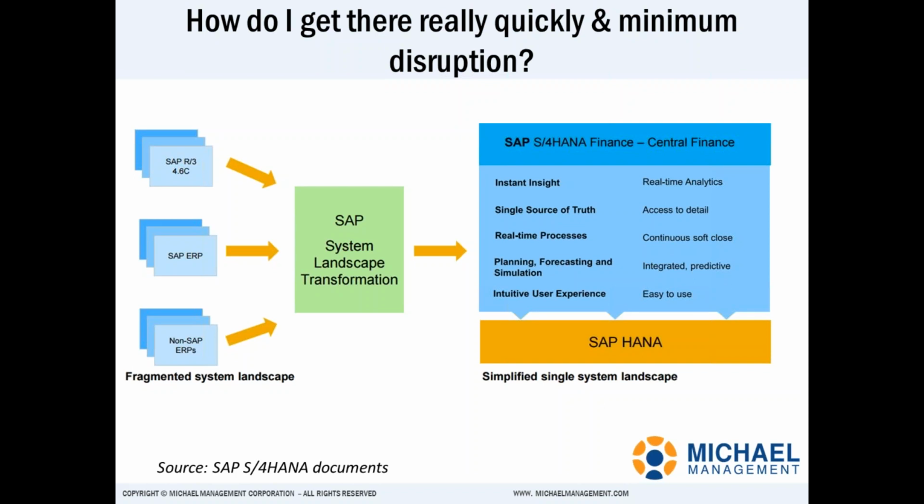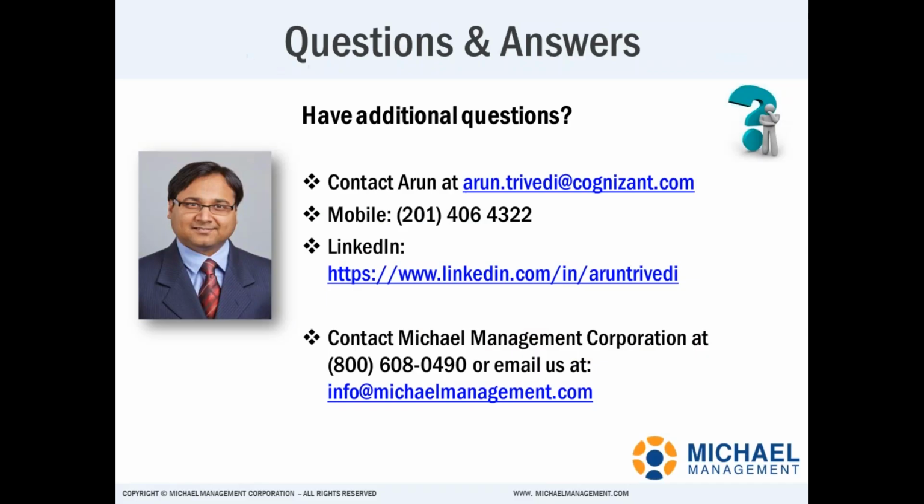And this is something that is least disruptive and yet helps you get there. I know there may be more questions around it, and we can certainly talk about this in a follow-up session. So that was my last slide.